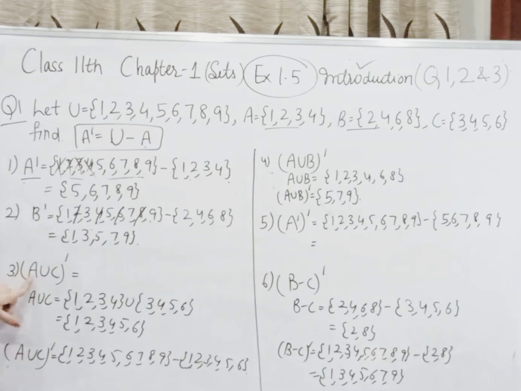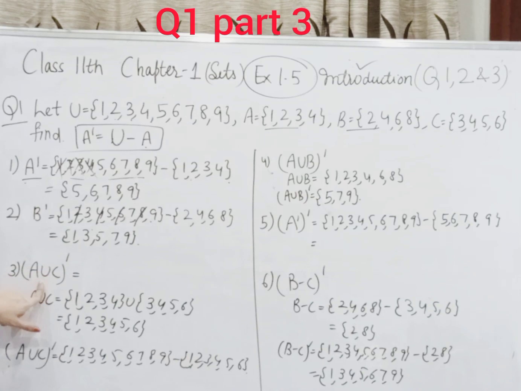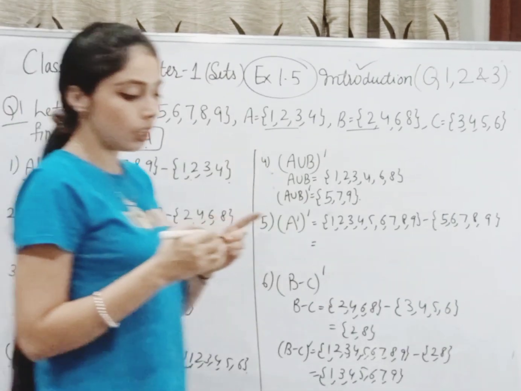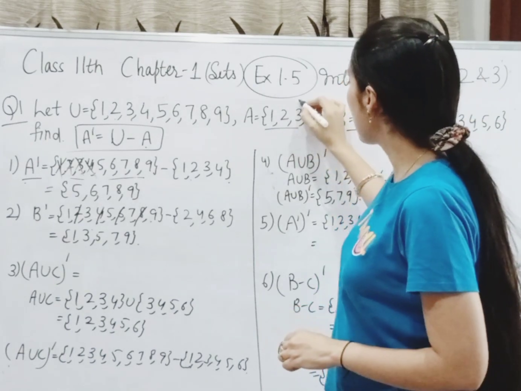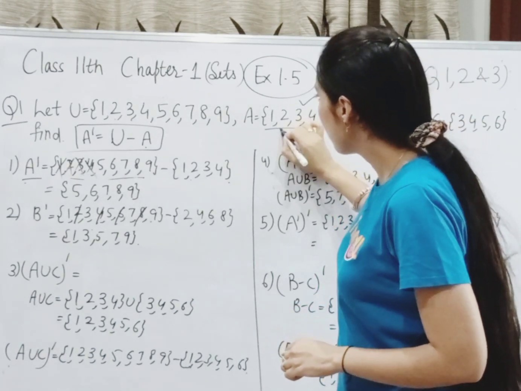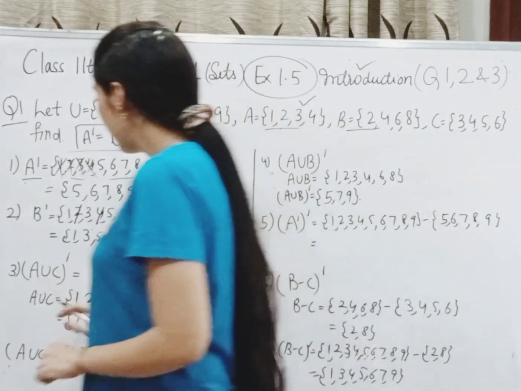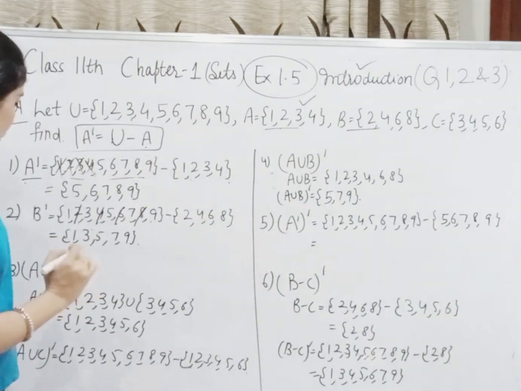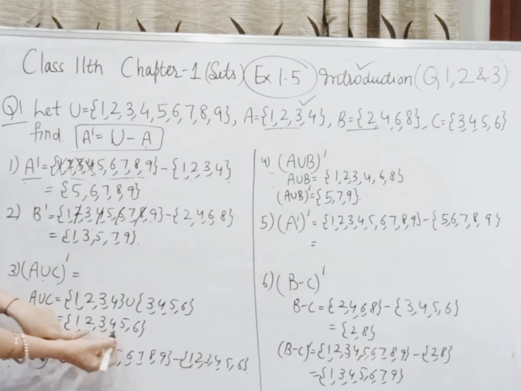What about the complement of A union C? We have to find the complement of the union. First of all, we will find the union. You know what union is: it contains those elements which are in the first set and the second set also. So, we combine these two sets. A union C will contain 1, 2, 3, 4.